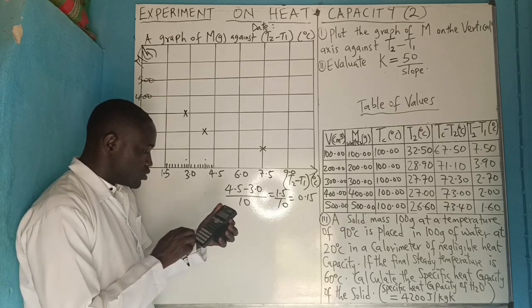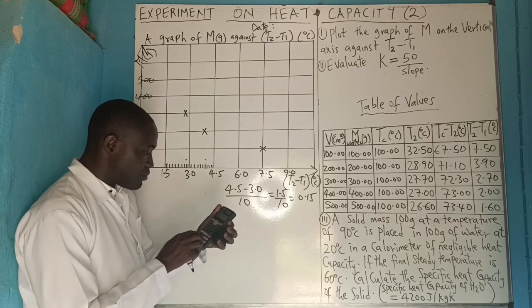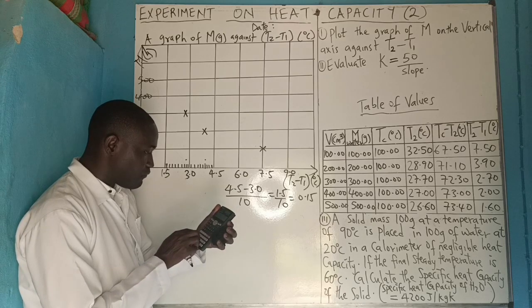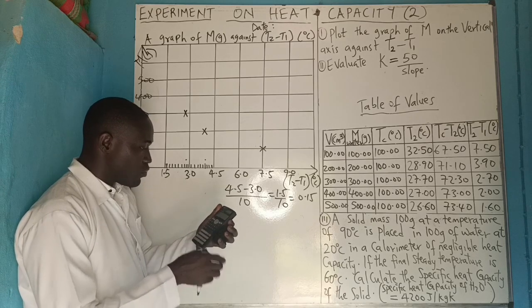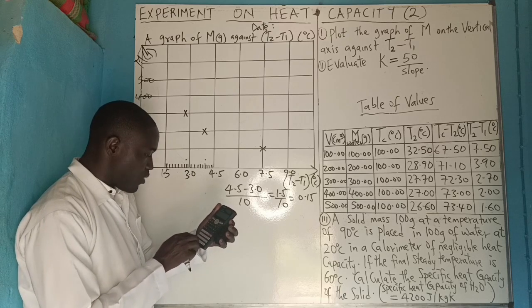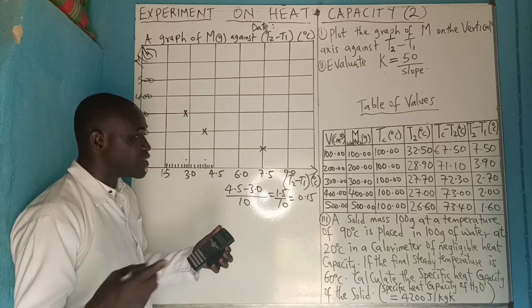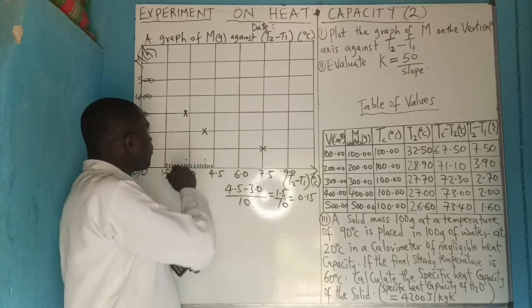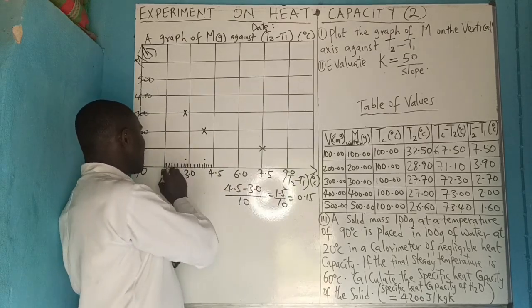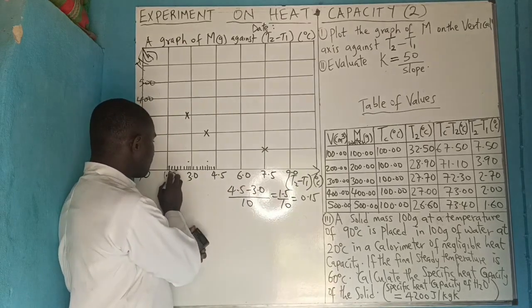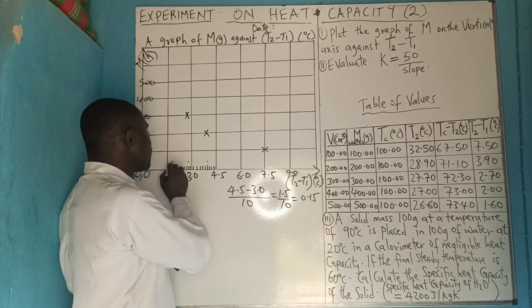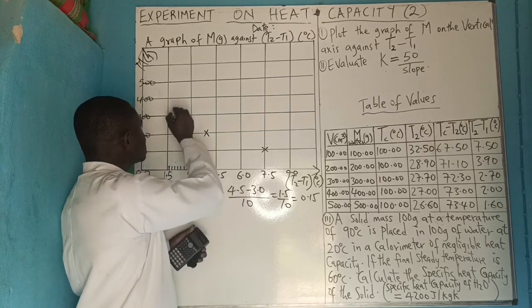No. 0.15 times 4 plus 1.5 will give 2.1. So for 2.0, we will be taking about 2.1. In between 3 and 4 is where we will locate it.